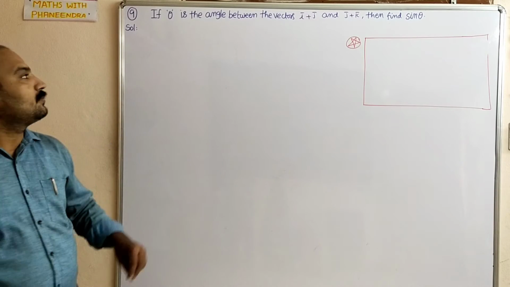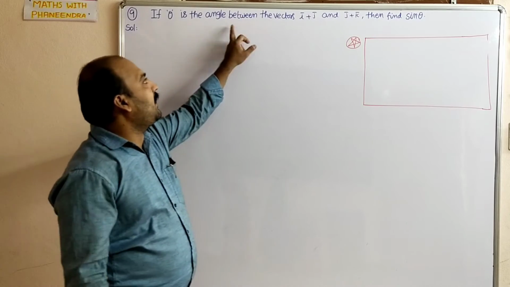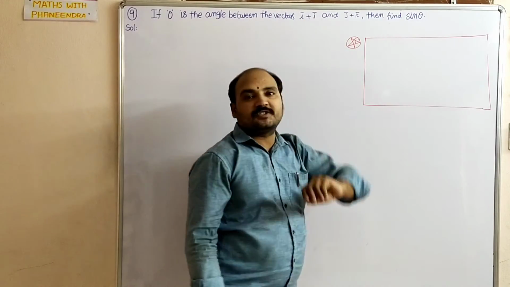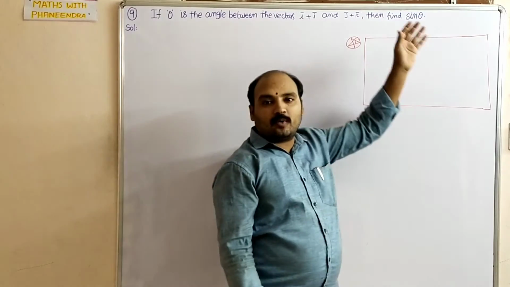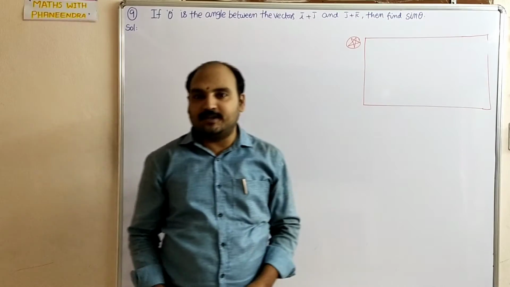The next question. If theta is the angle between the vectors I bar plus j bar and j bar plus k bar, then find sin theta.